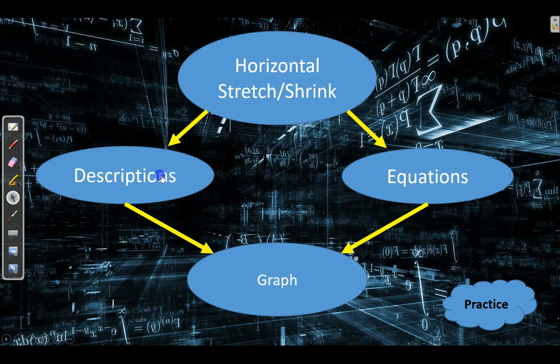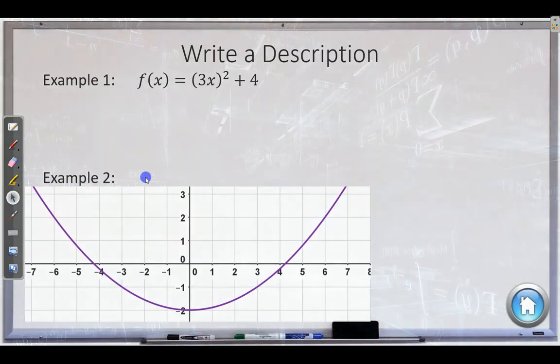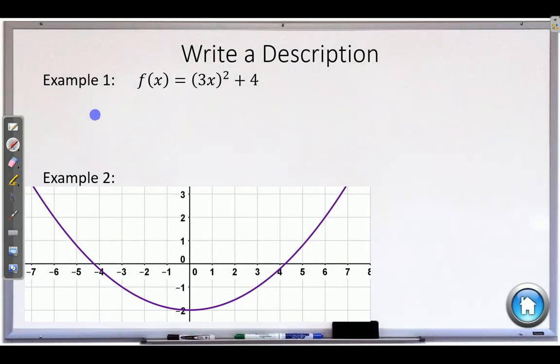We're going to be trying to do descriptions, equations, and graphs here. So we're going to start with descriptions. I've got the equation. Let's write a description of what is happening. f of x is equal to, on the inside we have 3x squared plus 4. So this 3 on the inside is going to be a horizontal stretch or shrink. So we identify that first.